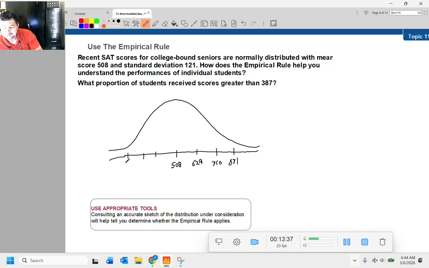It'll be 387. Then 266. And then finally for the one at the very bottom, you got 145. I think those numbers are right.